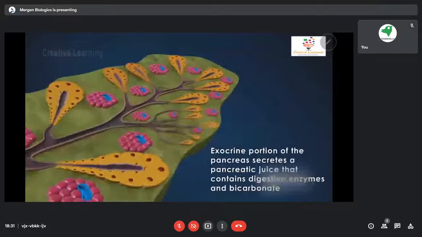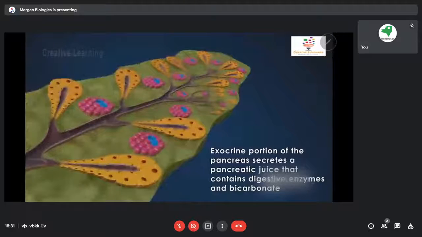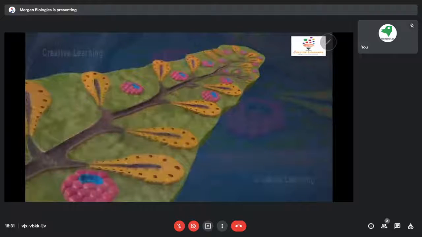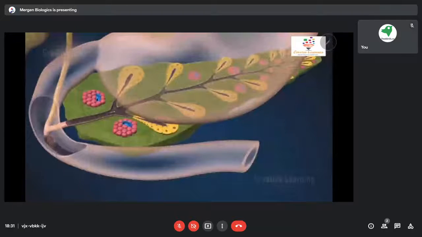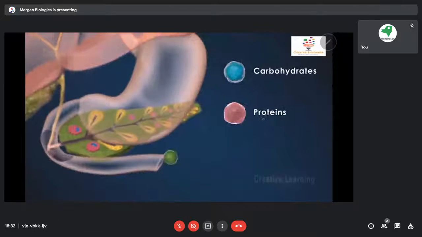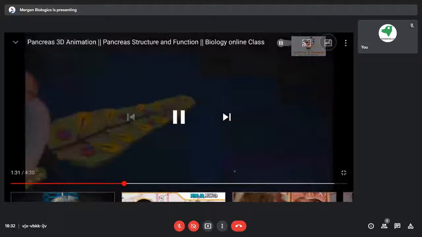The exocrine function of the pancreas secretes pancreatic juice that contains digestive enzymes and bicarbonate. They break down carbohydrate, protein, and lipids.